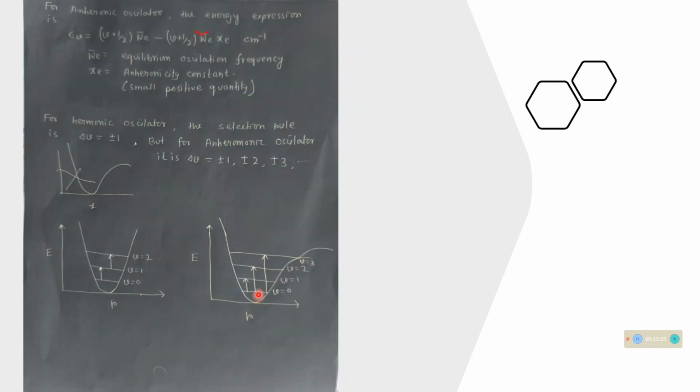If you consider the transition V equal to 0 to V equal to 2, this transition is named the first overtone. The energy difference between V equal to 2 and V equal to 0 appears as a spectral line in IR spectroscopy, and that is known as the first overtone.